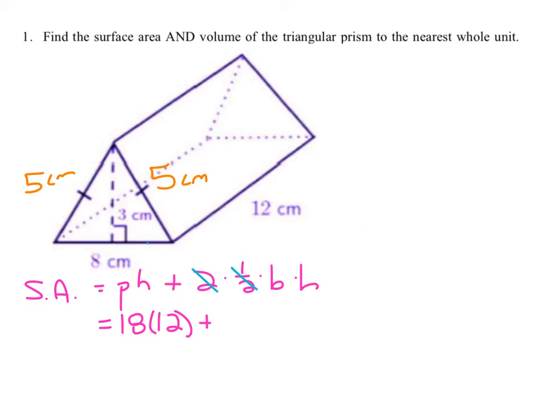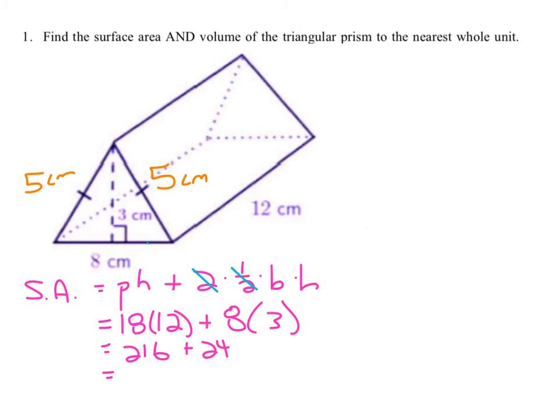Okay. So now we're doing the triangle. The base of the triangle is 8 times the height of the triangle is 3. And now when we calculate this through, we get 18 times 12. And 18 times 12, let's see, 216. Plus 8 times 3 is 24.